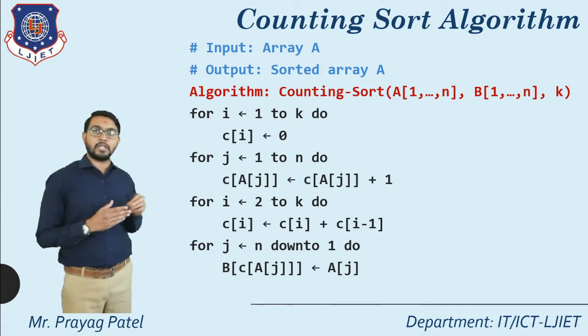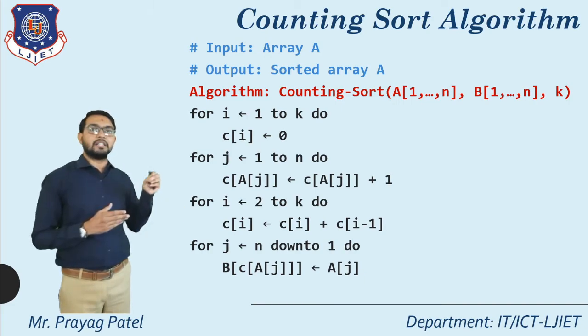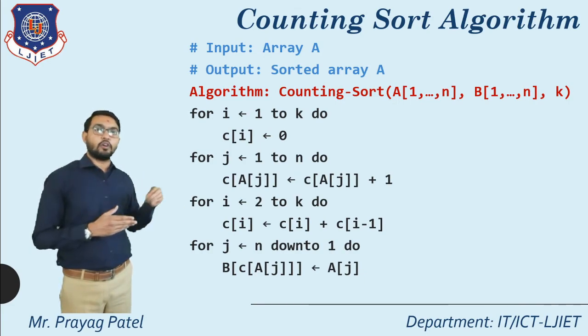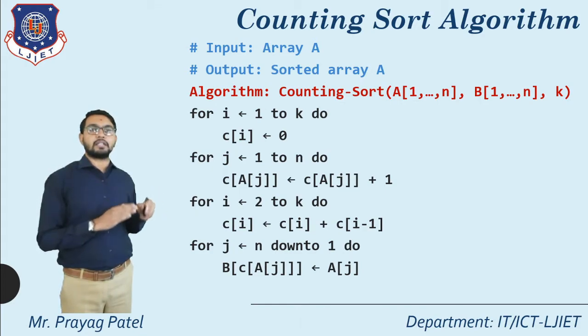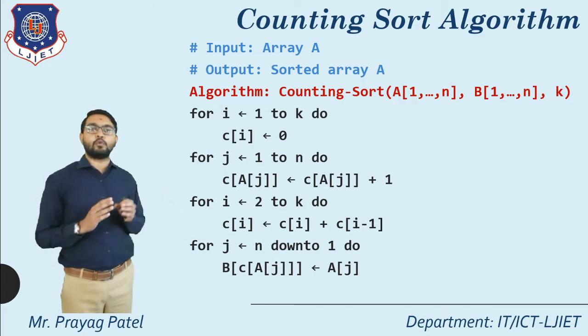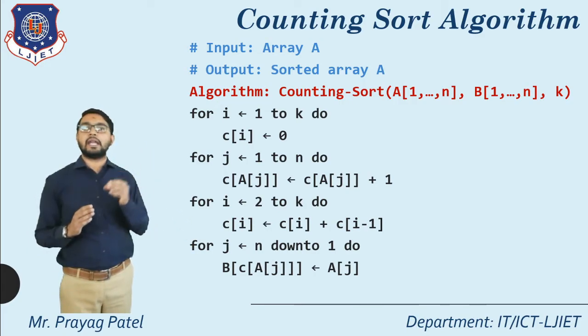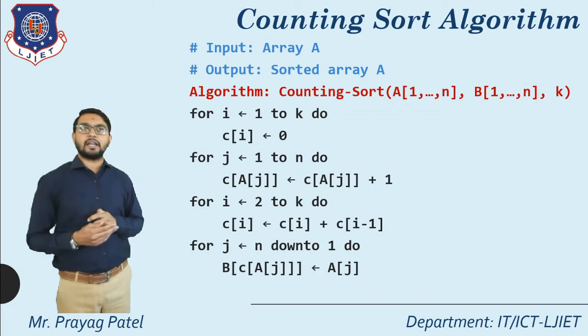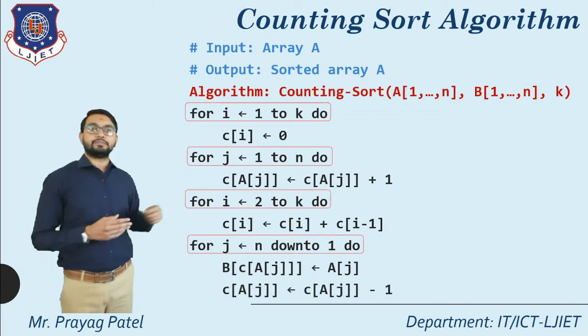First consider A of j, then the value of A of j is used as an index for C, so C of A of j, and then the value of C of A of j is used as the index of the array B, so B of C of A of j equal to A of j. According to this equation you can put the value from array A into array B. So this is the counting sort algorithm.